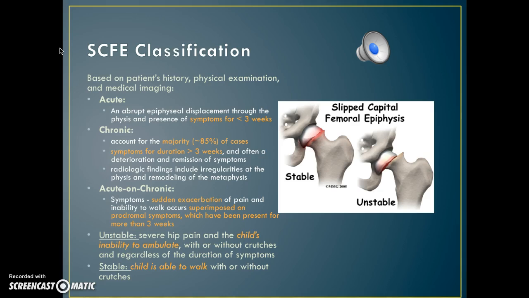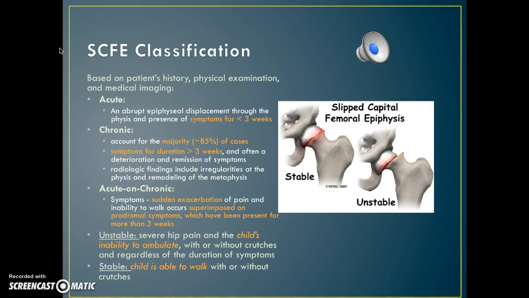A chronic SCFE injury accounts for the majority of SCFE cases, and it has the same mechanism where the femoral head is displaced from the femoral neck, but symptoms last for longer than 3 weeks. An acute on chronic SCFE injury is where there is already an existing slip with chronic symptoms that last more than 3 weeks, but the patient does something to acutely exacerbate it and makes the symptoms worse.